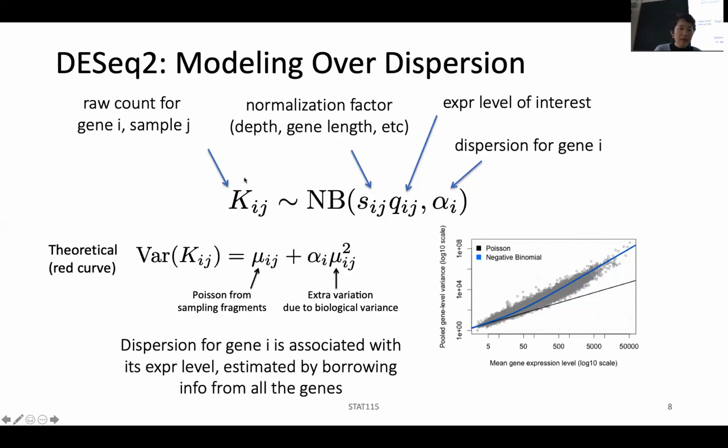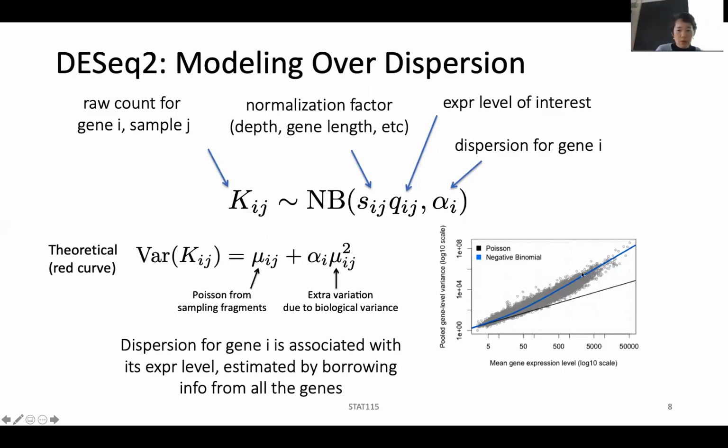So you can imagine we are observing the raw count, and the reason we're seeing this much raw count is because we are sequencing this sample at this depth, the gene is of this length, and this gene is expressed at this level and there's this much noise, so that's how many reads we're going to see.